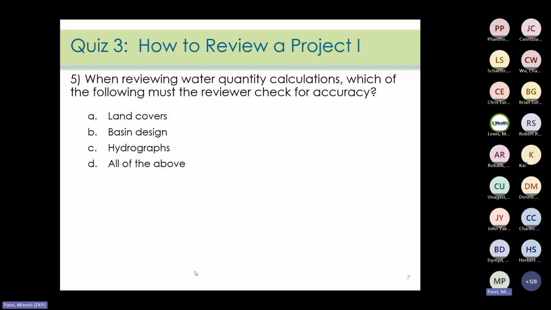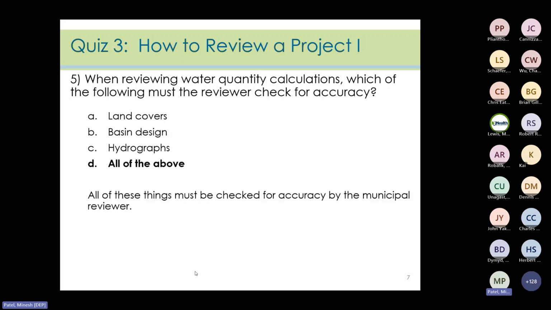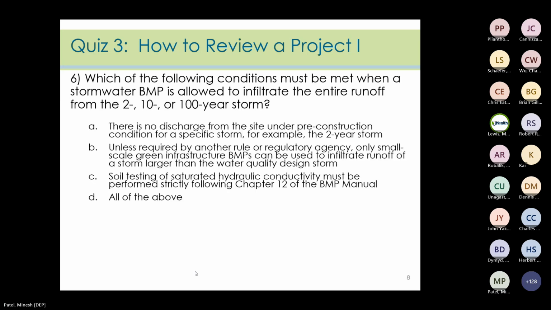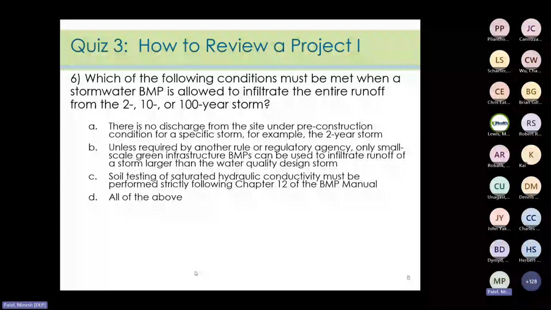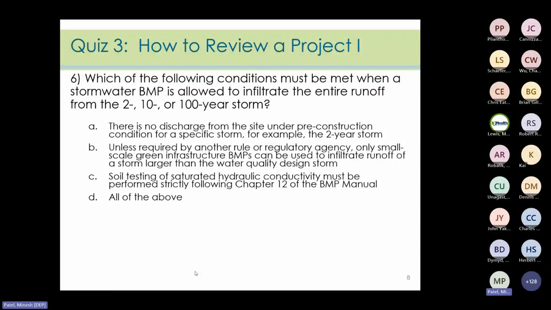Question 5. When reviewing water quantity calculations, which of the following must the reviewer check for accuracy? And the answer is D, all of the above. Question 6. Which of the following conditions must be met when a stormwater BMP is allowed to infiltrate the entire runoff from the 2, 10, or 100-year storm?